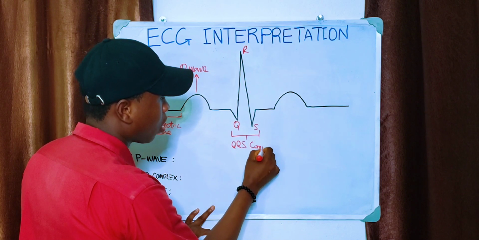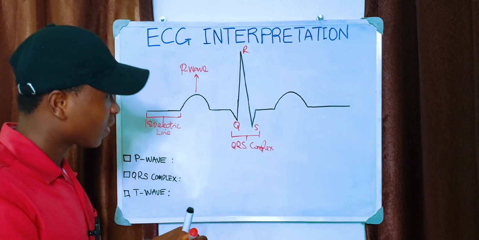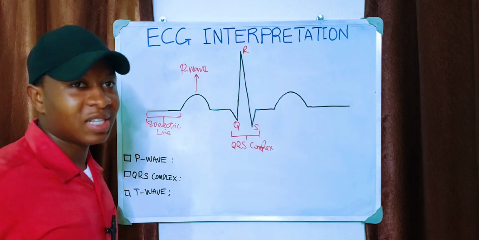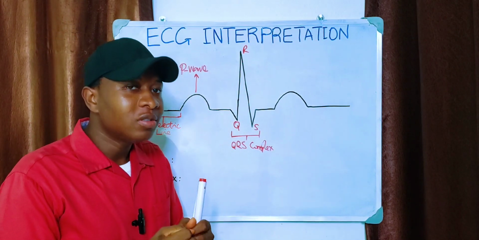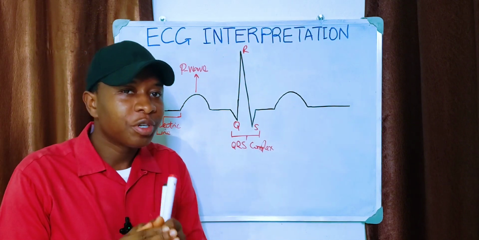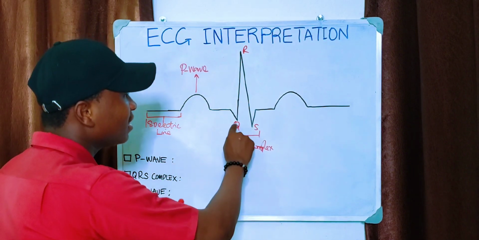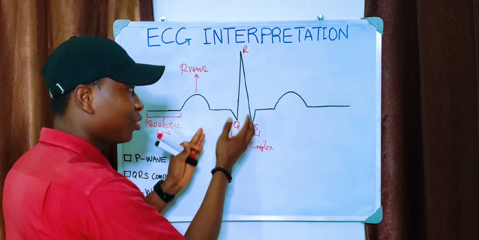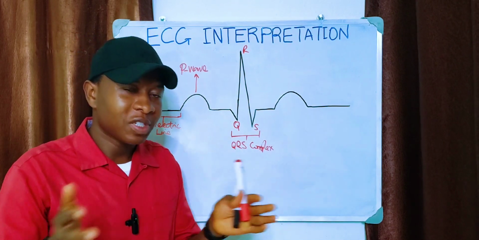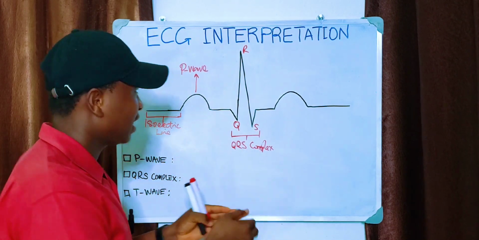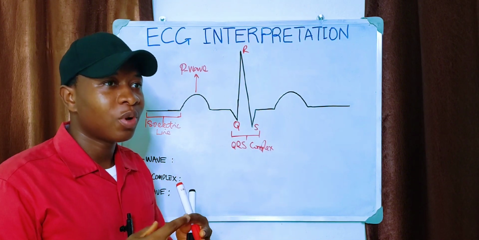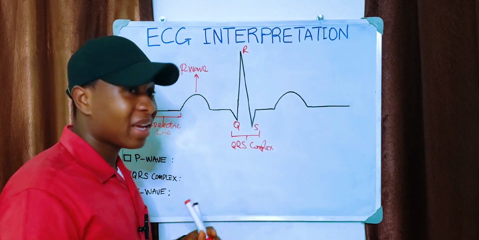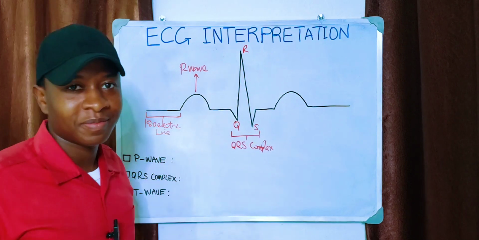Now, what does the QRS complex stand for? This represents the contraction of the ventricles. You can see that this is very big. This shows that the ventricles are anatomically bigger than the atrium, and so the activity of the ventricles is more magnified in the EKG.